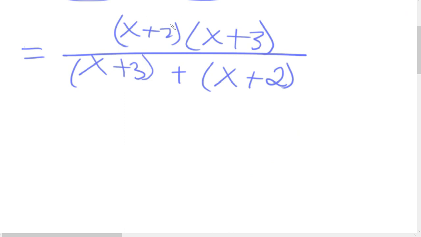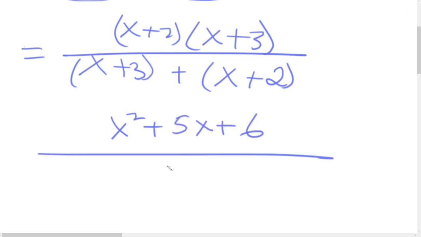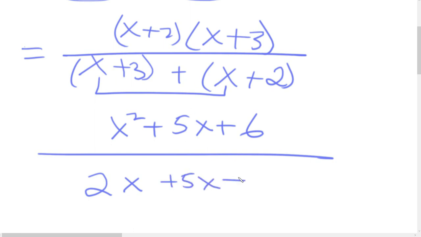X times x is x squared, 2x, and then x times 3 is 3x, so that makes it 5x, and 2 times 3 is 6. The whole thing becomes x squared plus 5x plus 6. On the top I'm multiplying, and on the bottom I'm adding. 3x plus 2x is plus 5x plus 5.